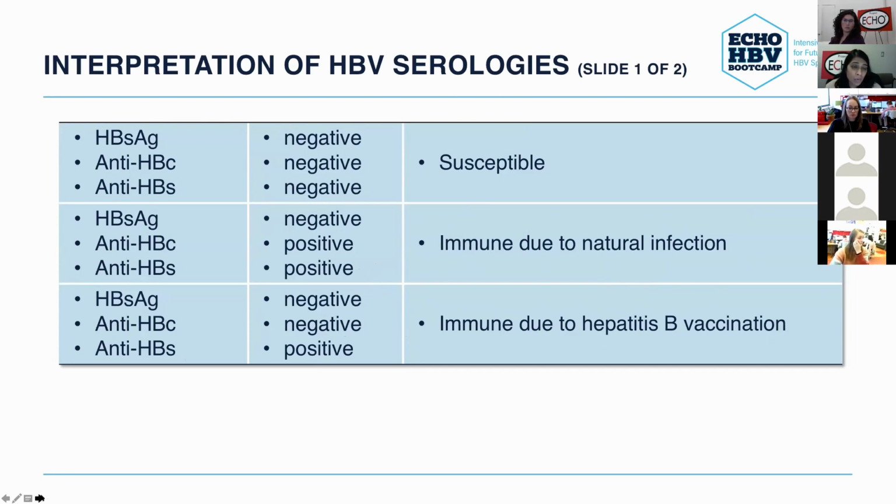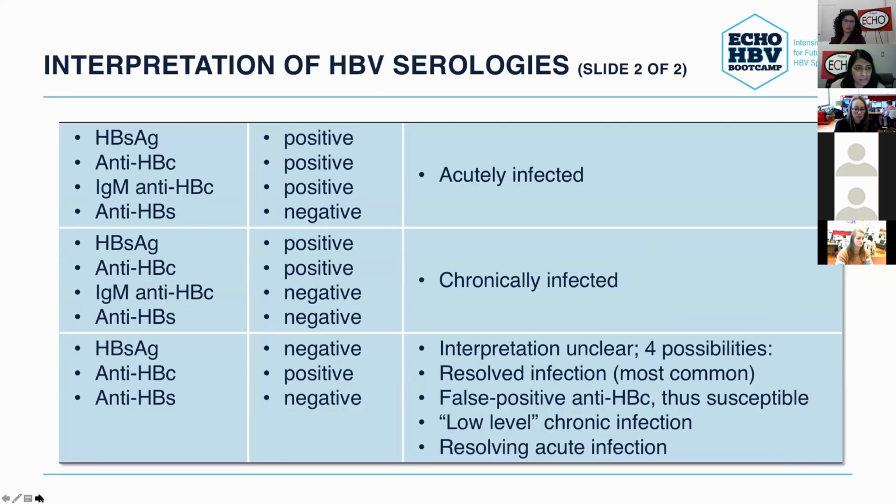Now, what I'll also mention before we get to the next slide and the other interpretations of these tests is that Hep B is notorious for not really following a lot of the rules. These are generally tried, tested, and true, but sometimes we see funny things happen, and there is a role for repeating some of these serologies, which we'll talk about in some of our case discussions.